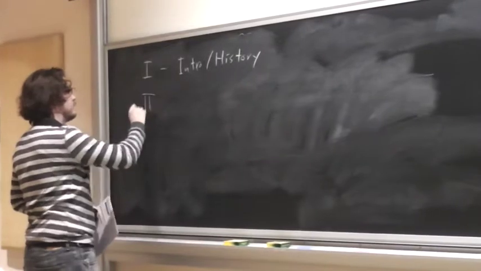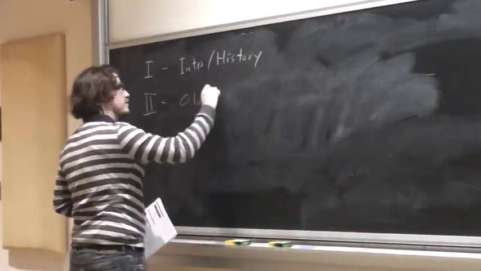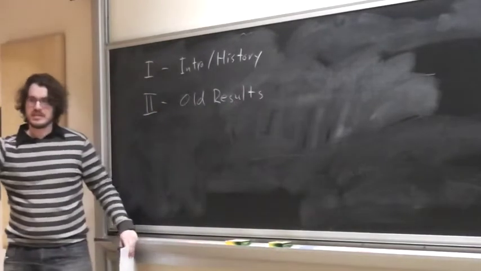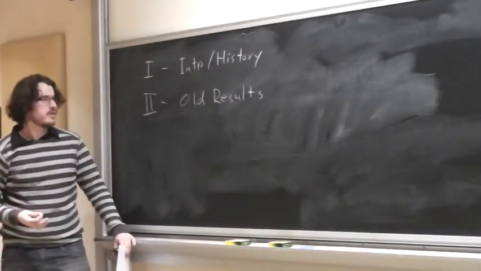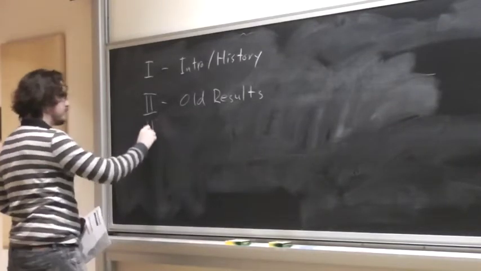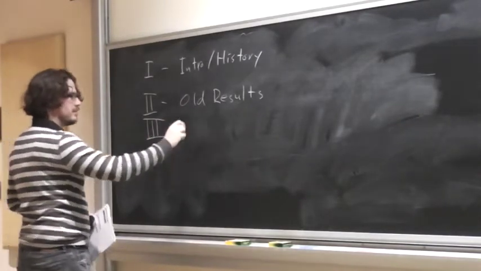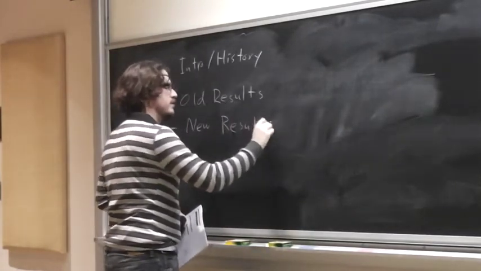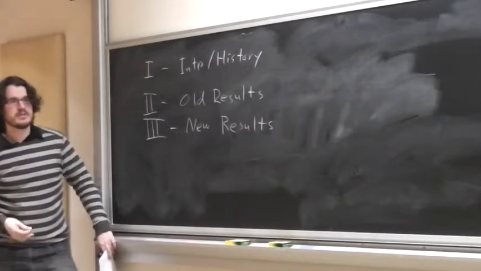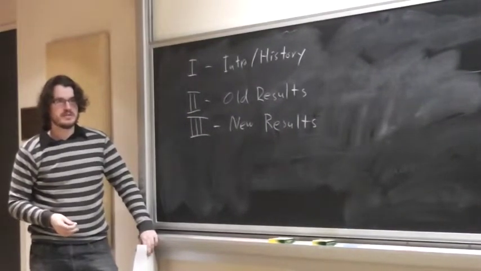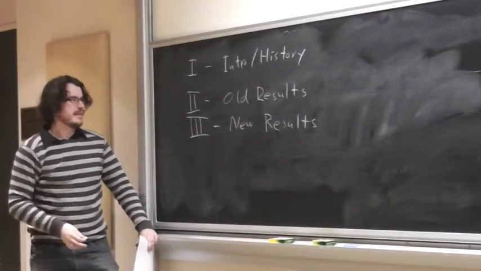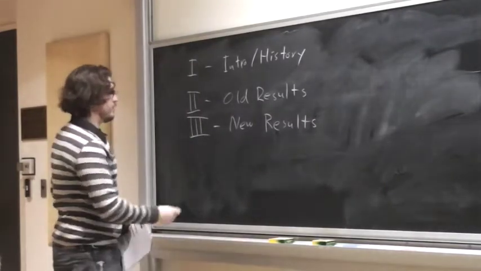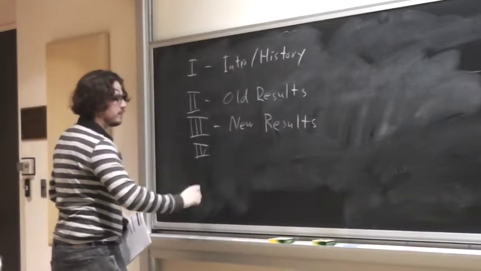Then I'll talk about some of the old results, so specifically particular theorems or other things that people have already proved up until recent history. Then I'll talk about new results, where I'll mostly allude to some of the work that I've been doing and talk a little bit about where it fits in the big picture, rather than list lots of theorems. I'll just talk about them.